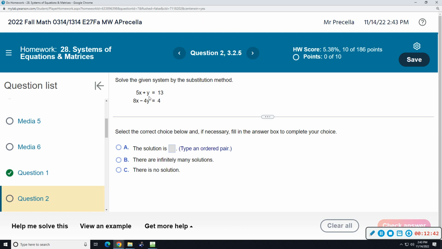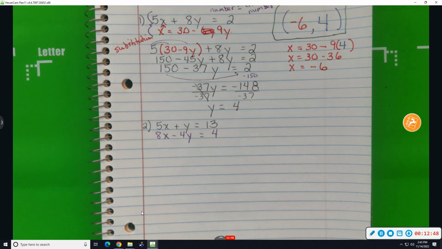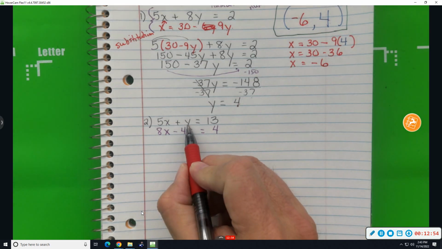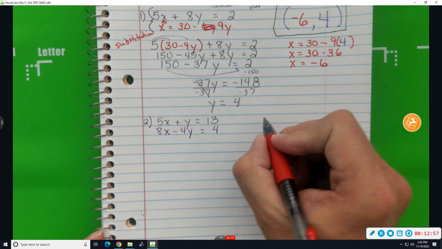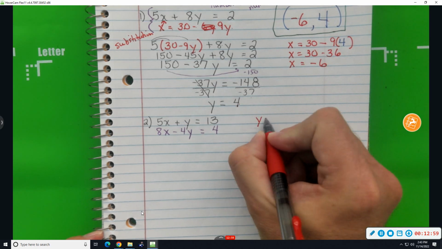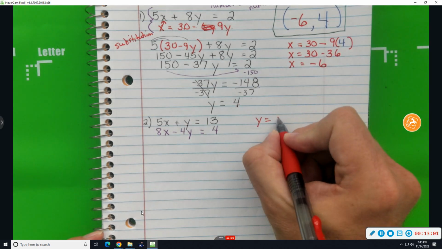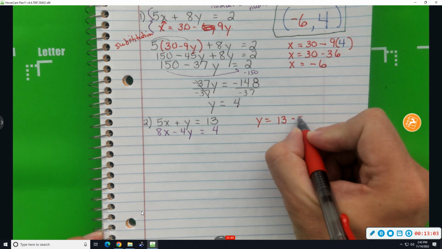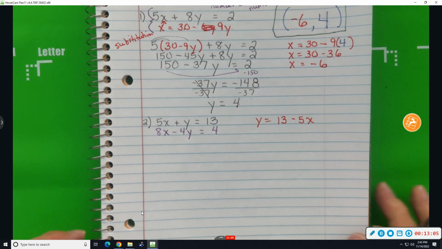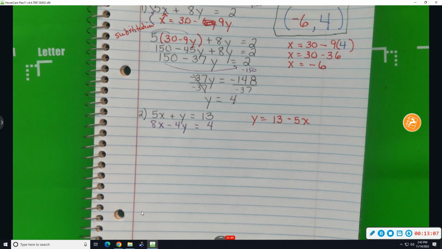So with this one, first thing I would do is isolate this y by moving the 5x over. If I move the 5x over, I have y equals 13 minus 5x. Now it's very much like problem 1.